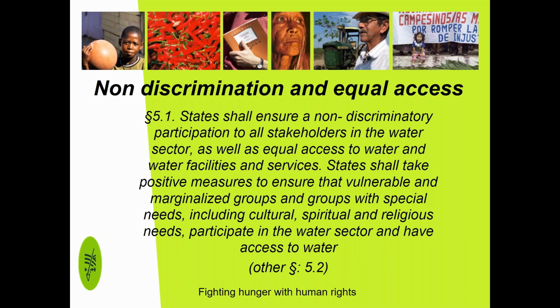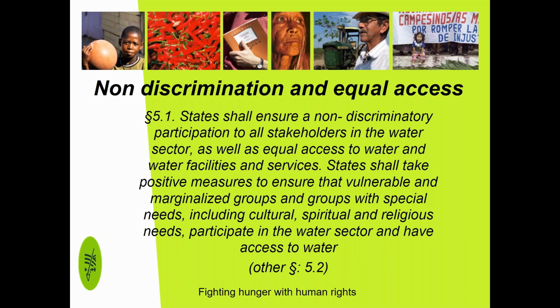And this is why, for instance, paragraph 5.1 is very important: states shall ensure non-discriminatory participation of all stakeholders in the water sector, as well as equal access to water and water facilities and services.